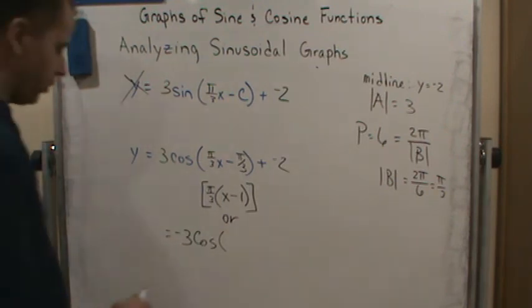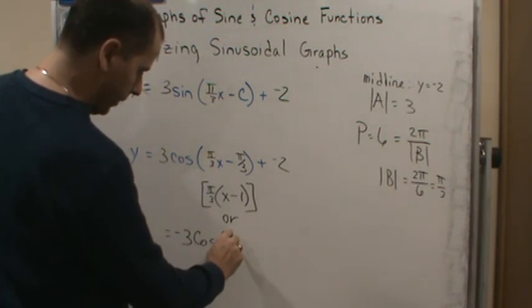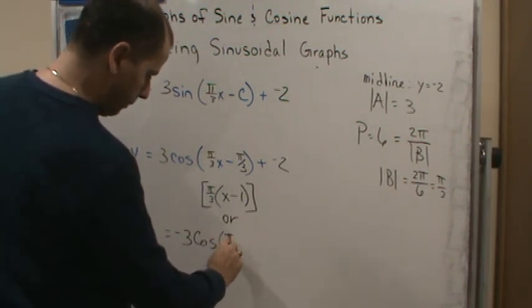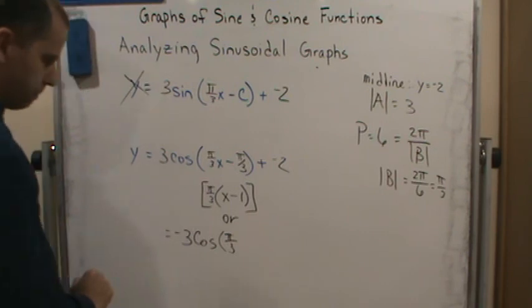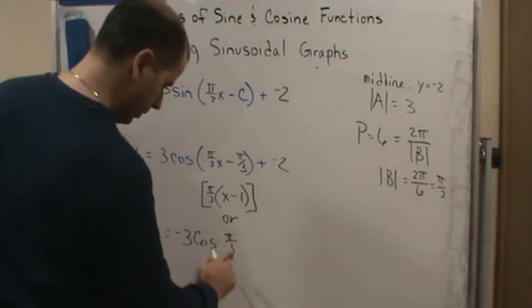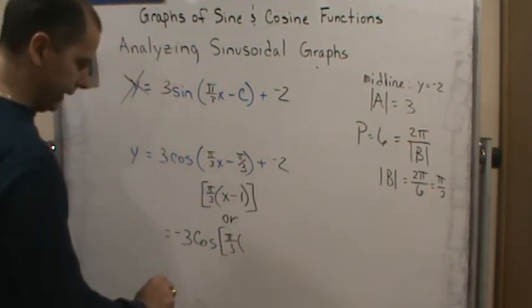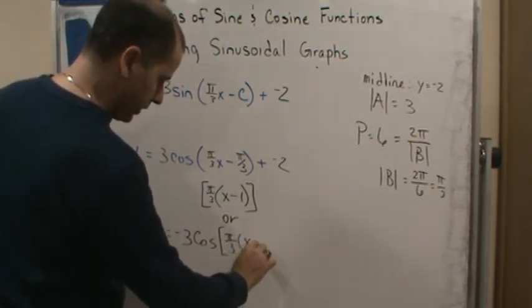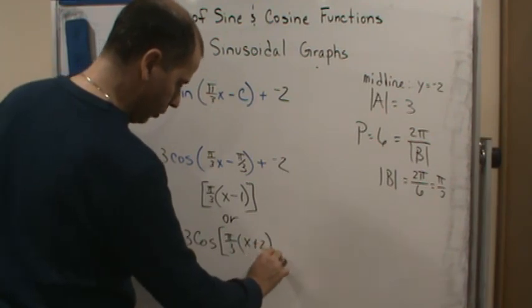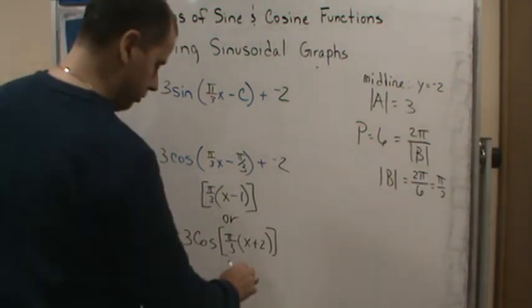Now what I have to do is pi over 3 times x plus 2.